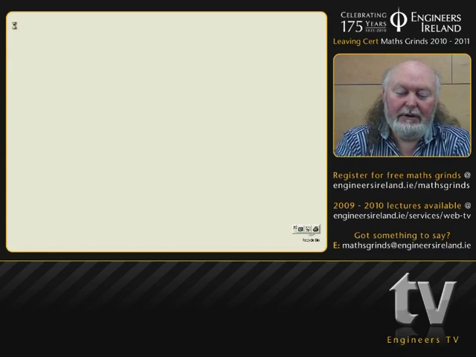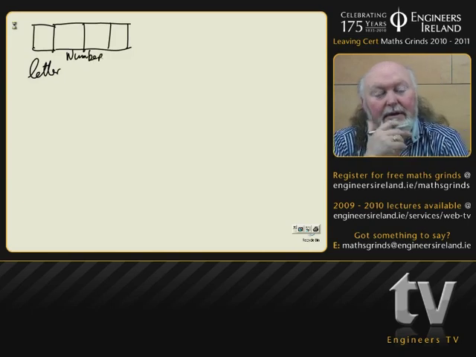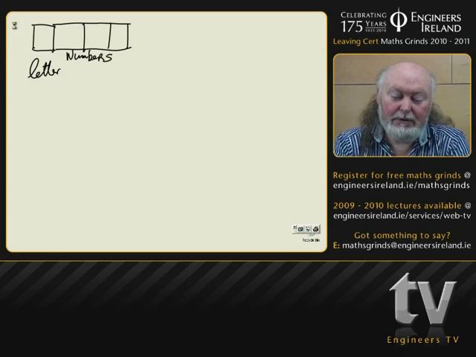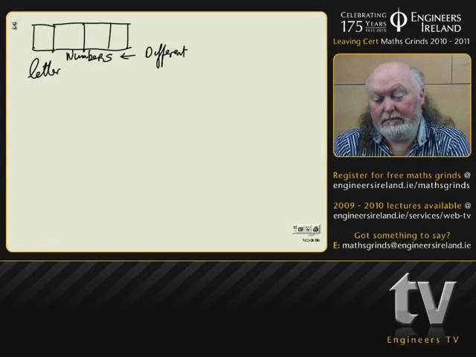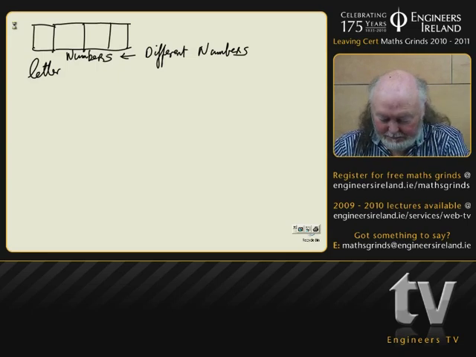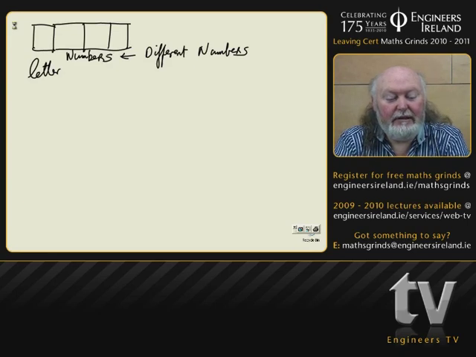So we're now talking about, there'll be one letter. It's going to be 3 numbers. What's the important thing here? They're different numbers. Okay. 26 letters in the English alphabet.